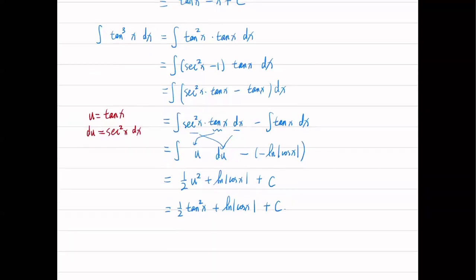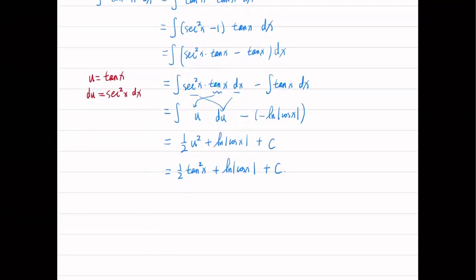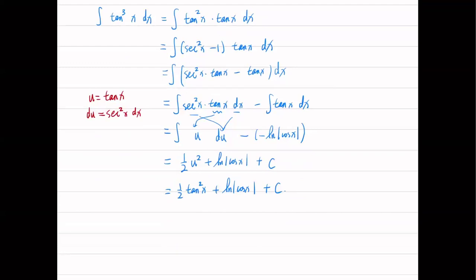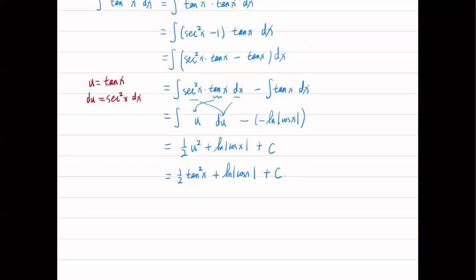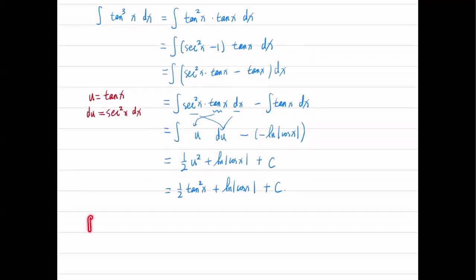Okay, the next one, we will move to secant. Have more enough space. Okay, how do we integrate this one?